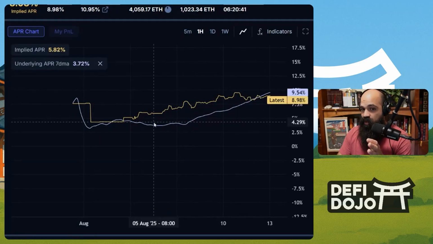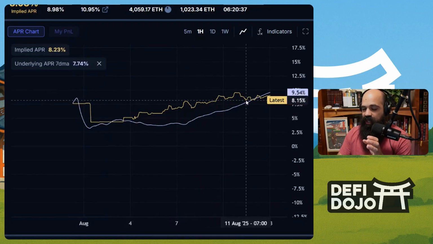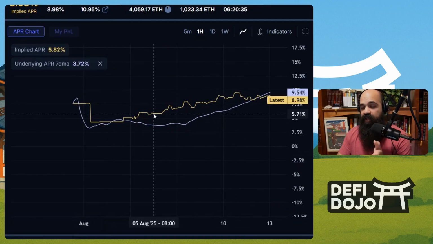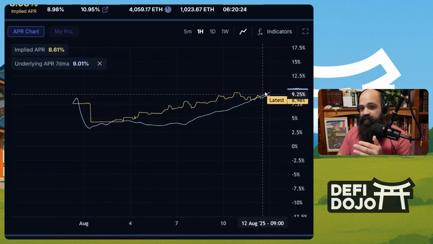That's really important to know. It is not as if when you short, you're getting the golden line wherever it is. When you short, you lock in whatever rate it was at that time. So if you locked in here, you're receiving 5.86% APR, and you're paying whatever this is at any given time.